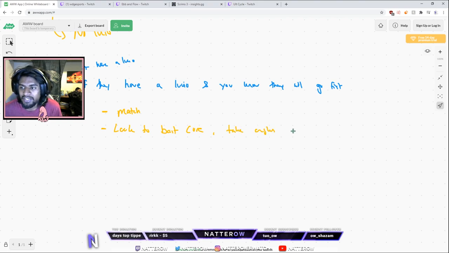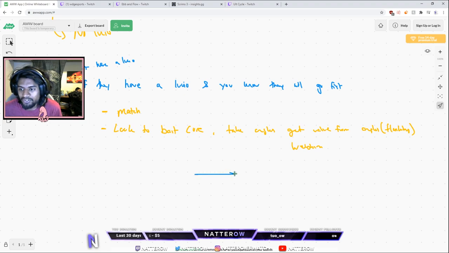Take angles and try to pinch them, not really pinch, but how to explain this? Take angles and get value from those angles. This is basically just flanking. At a very high level, I call this webbing. For instance, it looks like this.